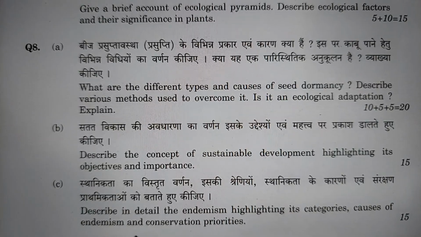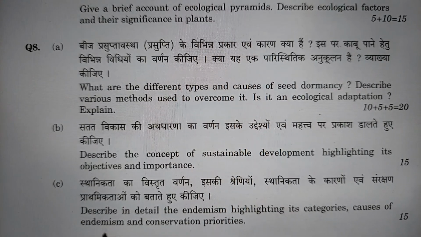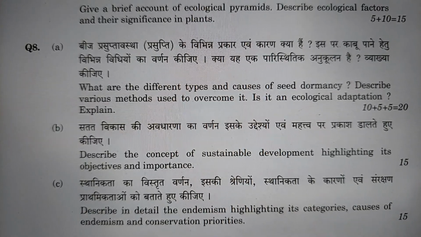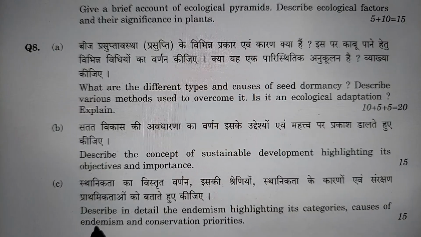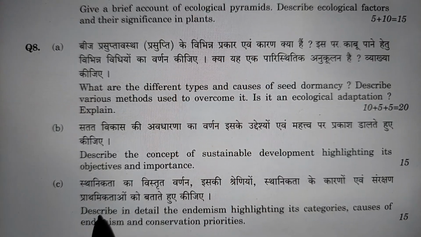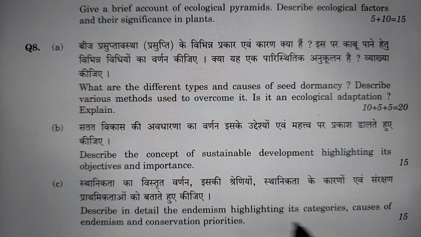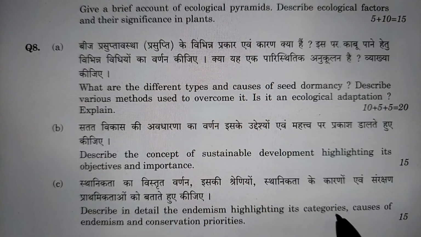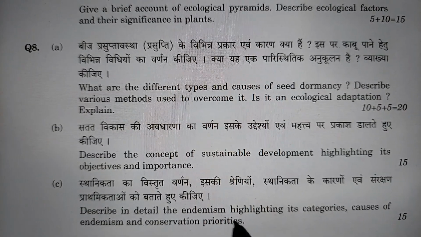So this one is having a lot of questions. Endemism, highlight its categories, cause of endemism and conservation. So you have to write 3 notes on endemism. You have to explain categories, 5 marks, cause of endemism 5 marks, and conservation priorities is also 5 marks.